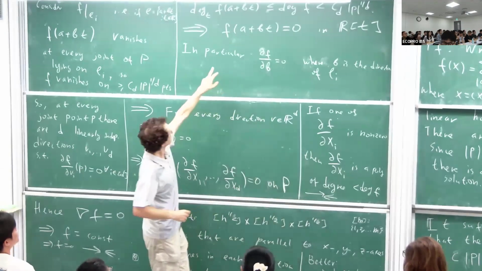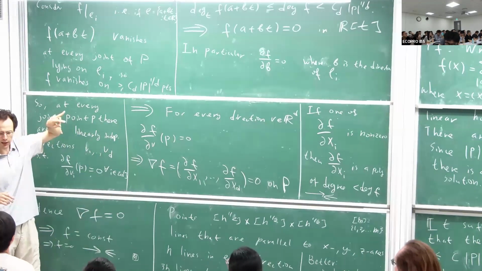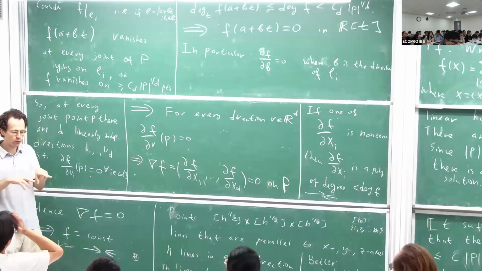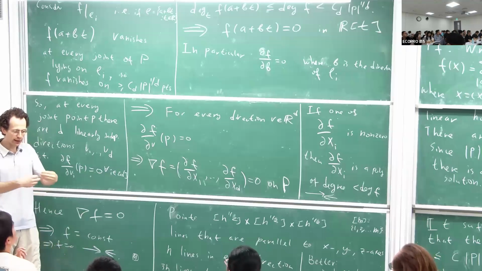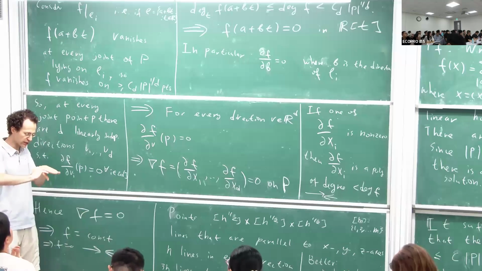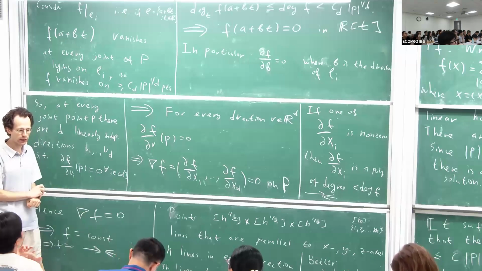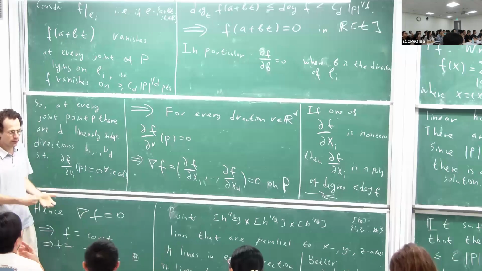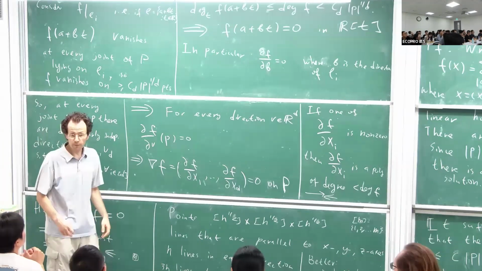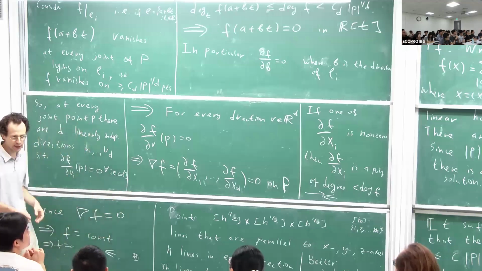I took a line, and I vanished at a bunch of points on the line, and then I concluded I must vanish on the whole line. So I extrapolated the values: I knew the values at some points on the line, and I extrapolated other values on the line. So this was essentially the key step, and the geometric structure allowed me to do that. And we're going to see some more examples, and more sophisticated examples, after the break.